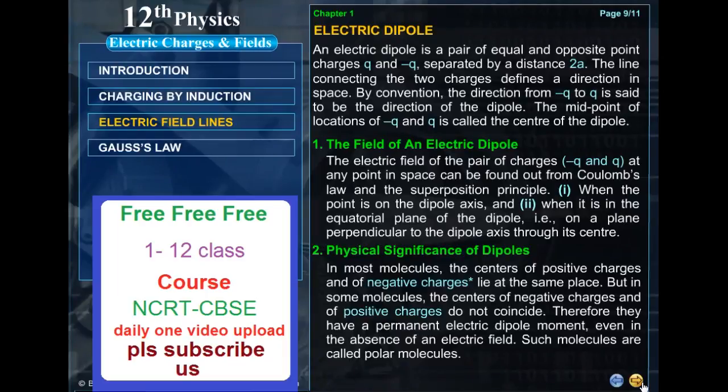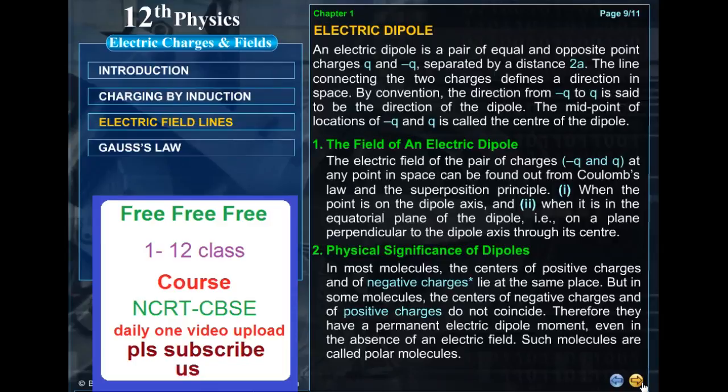By convention, the direction from minus q to q is said to be the direction of the dipole. The midpoint of locations of minus q and q is called the center of the dipole.